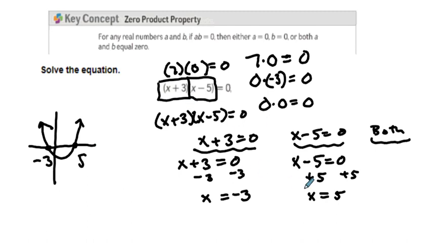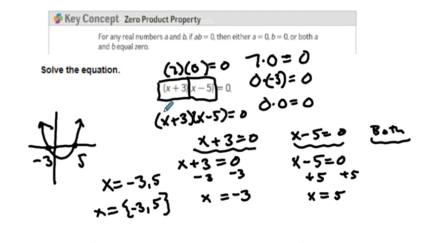And as far as both goes, if they're both 0, we know what it takes for both of them to be 0. So my solutions for this would be x equals -3, 5. Sometimes you'll see it written like that. Okay, so these are the zeros or the roots of this equation.